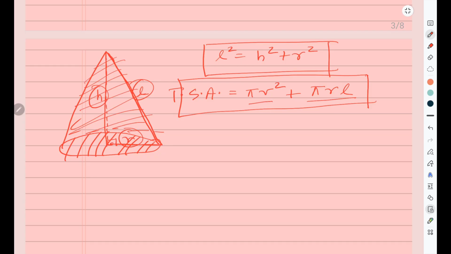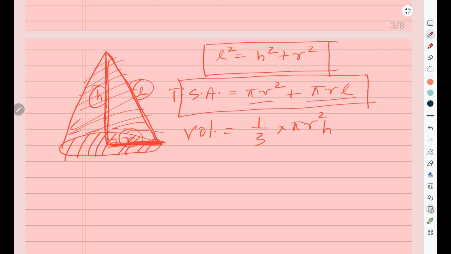Okay, and then the volume of this cone with base r and height h is 1/3 of pi r square h.